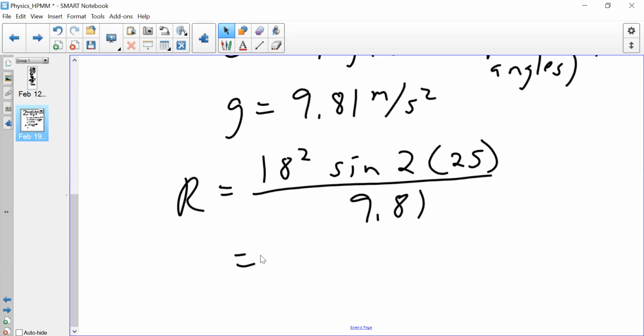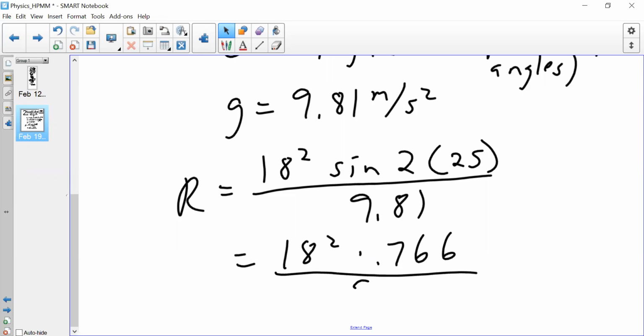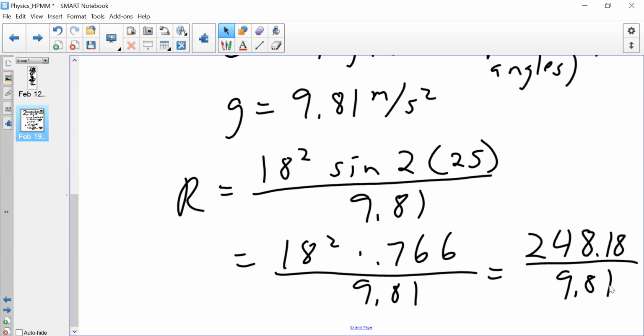Sine 50 is going to be 0.766. Divided by 9.81. So the numerator is going to be 248.18, divided by 9.81. So 25.299, 25.3, and that's what we got.